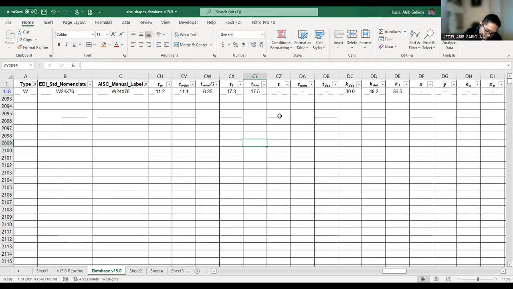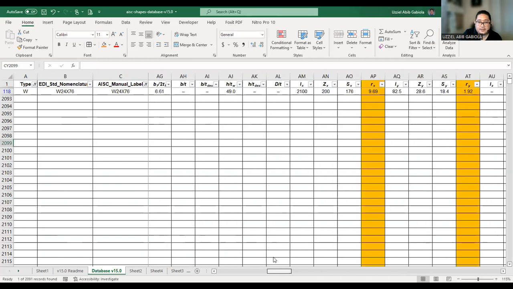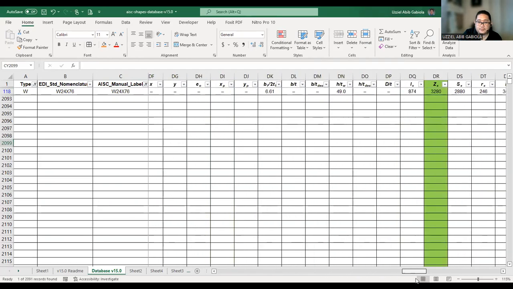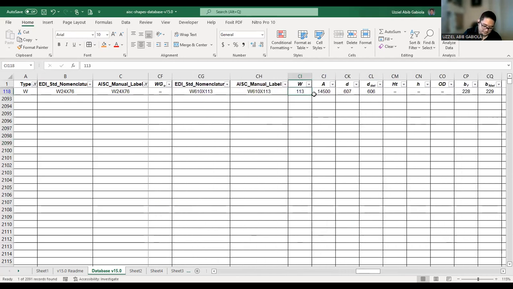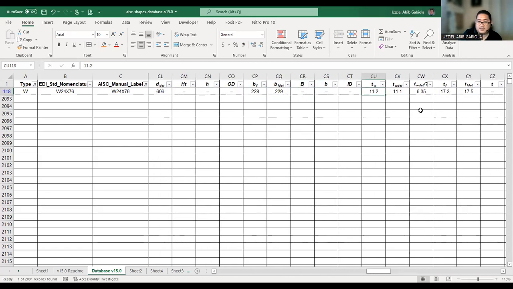Kailangan natin is yung weight niya para sa checking natin ng weight, ang dead load, W. Okay, ito, 113 kilogram per meter. Kailangan din natin yung ZX niya, yung IX, yung value ng D, nung kanyang K1, tsaka TW. Okay, so isa-isa na lang natin. Dito, TW is 11.2.